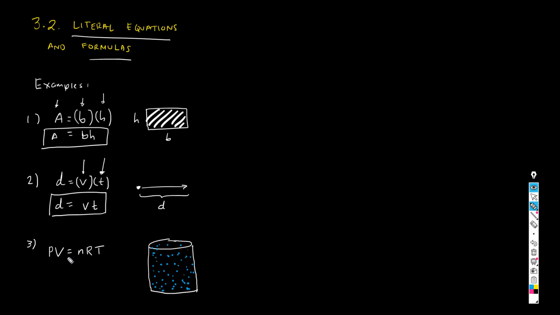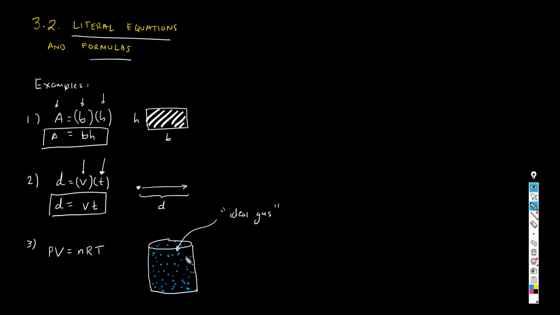And now a more complicated one that you may not have seen at this point. What about this? This looks complicated. P times V equals n times R times T. What are these things? Okay, in physics, if you put in a cylinder a gas that we call an ideal gas, a gas that behaves in a very good and easy manner, and we cap the cylinder, the gas cannot go away, it's trapped in here.